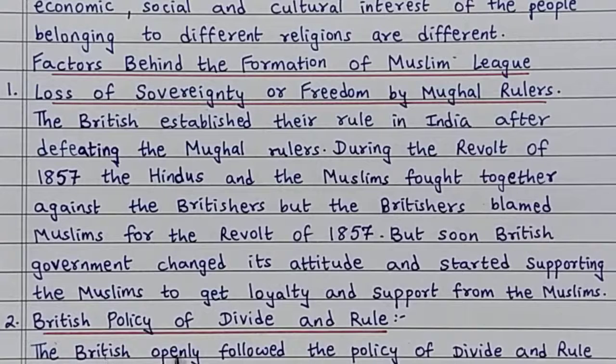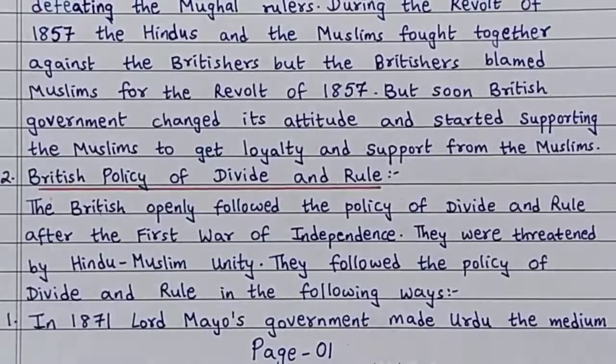The British openly followed the policy of divide and rule. After the First War of Independence, they were threatened by Hindu-Muslim unity.